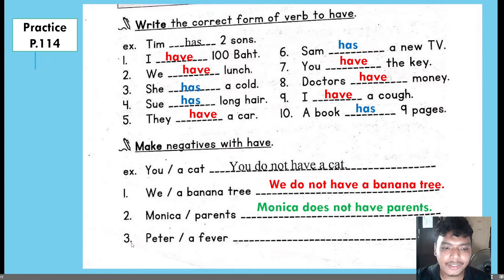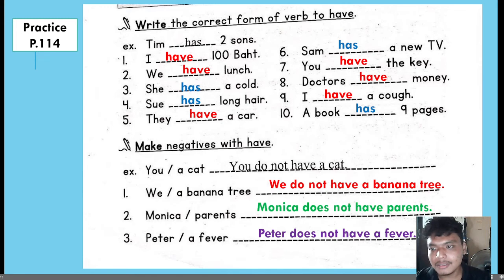And next, number 3, everybody. Peter has a fever. Look at this. How to make a negative sentence. Peter does not have a fever. Everybody write down.